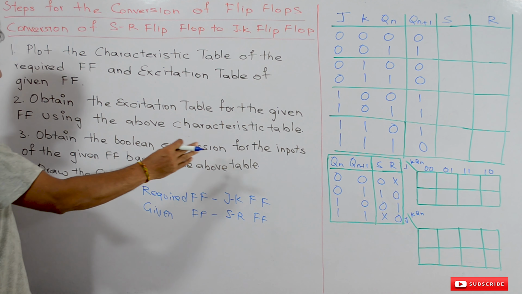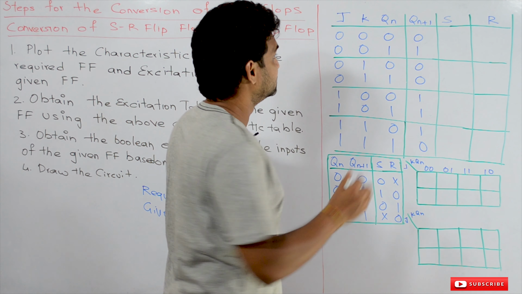Using this characteristic table of JK, which is the required flip-flop, we have to obtain the excitation table. So how do we obtain it?